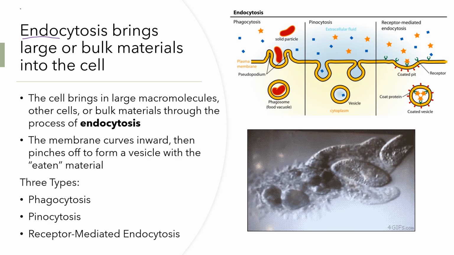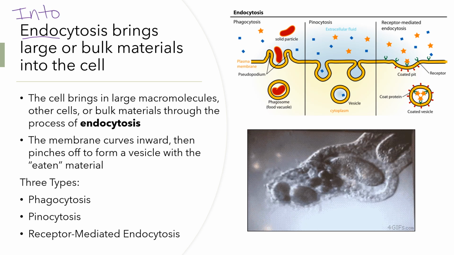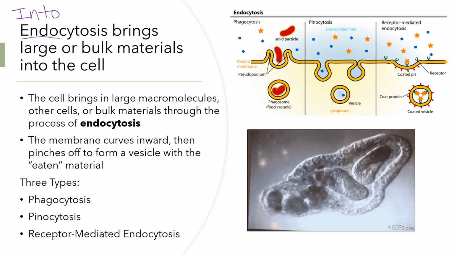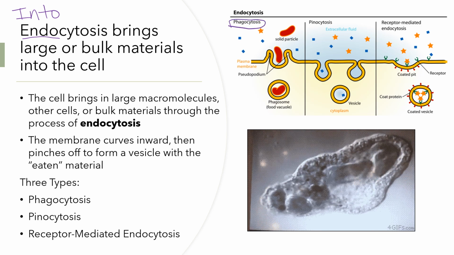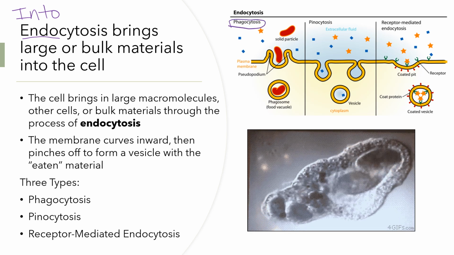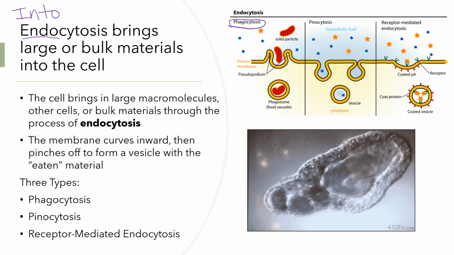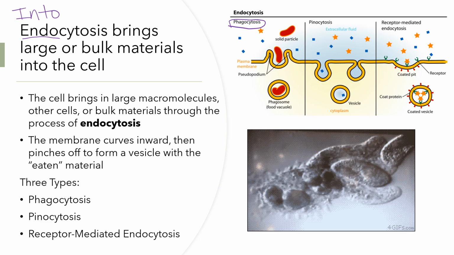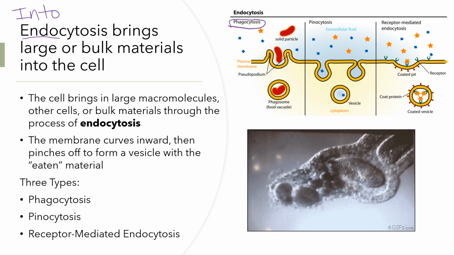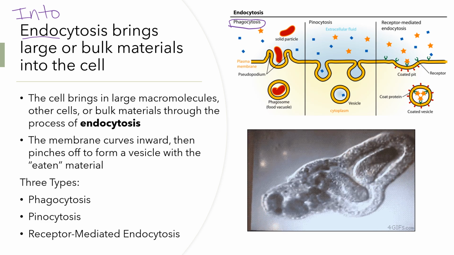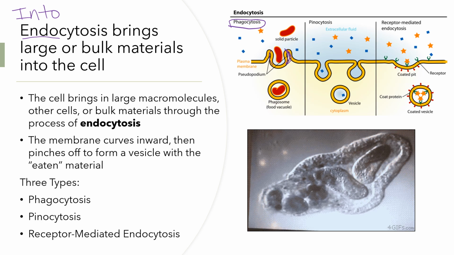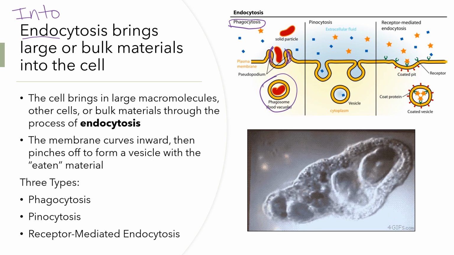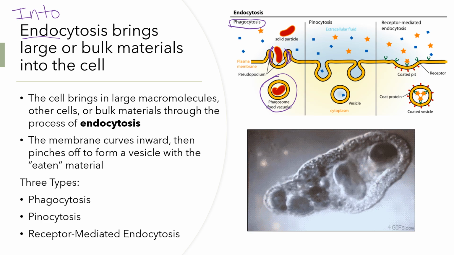Endocytosis, think endo sounds like into. This is bringing large or bulk materials into the cell. Our white blood cells will do this when they do something called phagocytosis, when they want to eat a bacteria or a cell that has been contaminated by a virus or something like that. They will wrap their membrane out and around that bacteria, form the vesicle around it, and bring it into the cell.